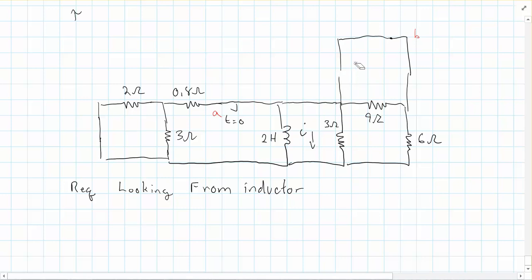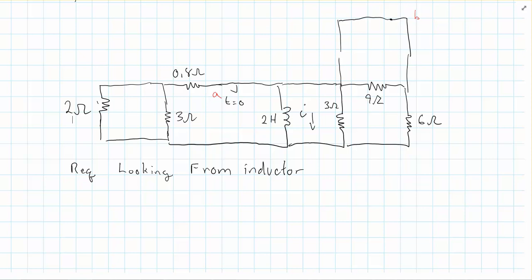So I'm going to position this a little bit here. I'm going to move this resistor over here, 2 ohms, and then I'm going to just again kind of redraw the circuit and erase it here. The reason I do that is because I don't have a ton of room to redraw the circuits on this screen here. So we again have 2 ohms in parallel with 3 ohms, which we've already done that computation.